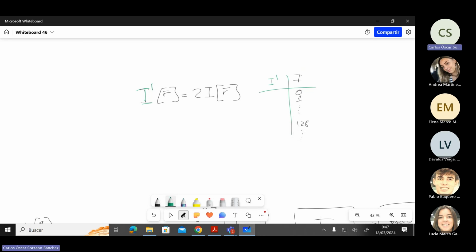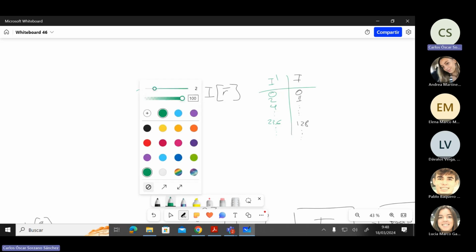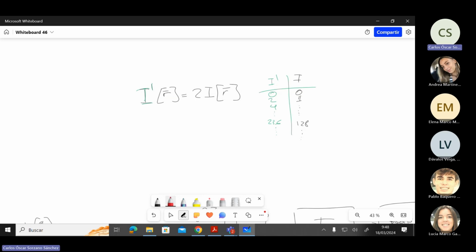And what is my I prime value? I have to multiply by 2 and have 0, 4. And in the green values, I don't have 1, I don't have 3. So you have a histogram at the beginning, you transform your image, and you have gaps. You will have some number of pixels with value 0, then no pixel with value 1, then some number of pixels with value 2, no pixel with value 3, and so on.